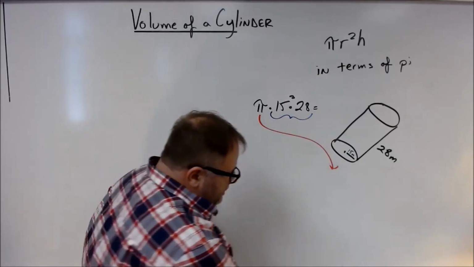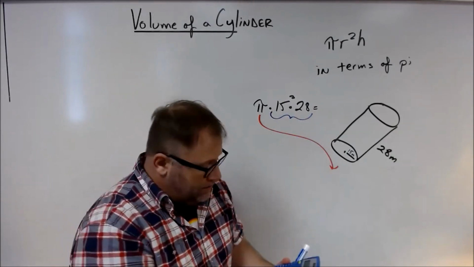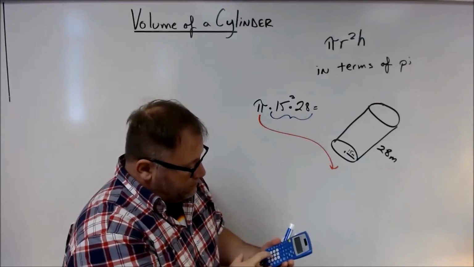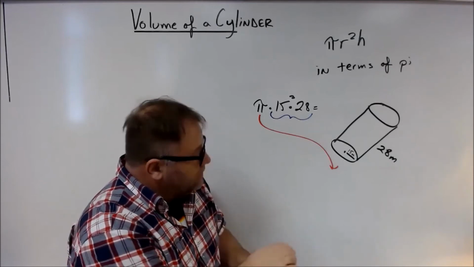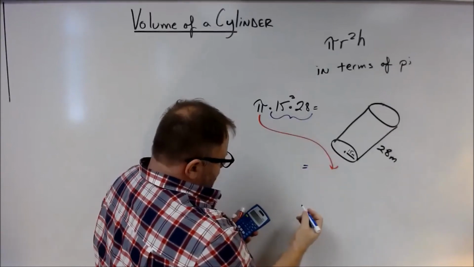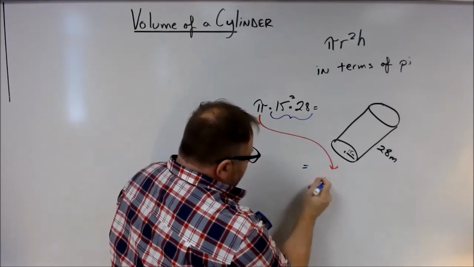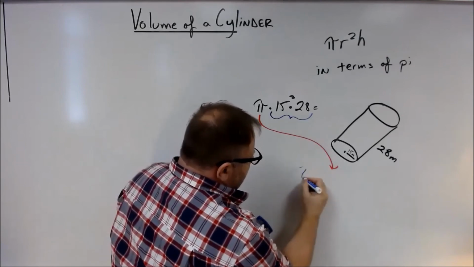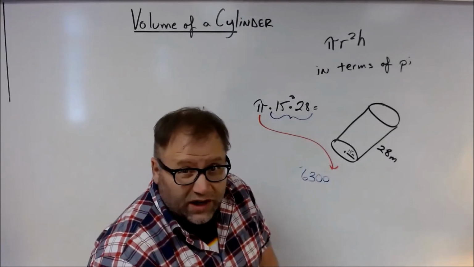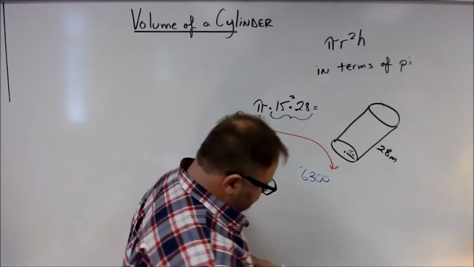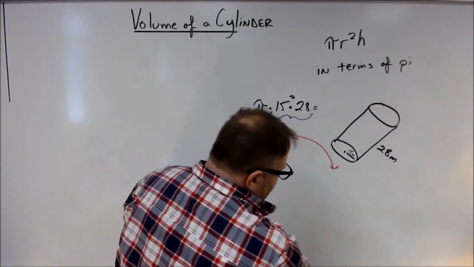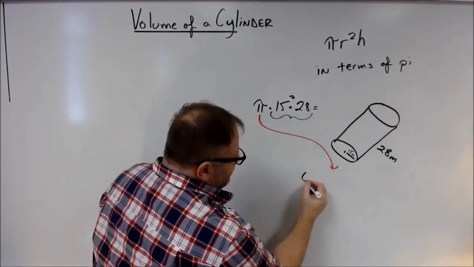So when I do this, 15 squared times 28. And there's my value. And I get 6,300.